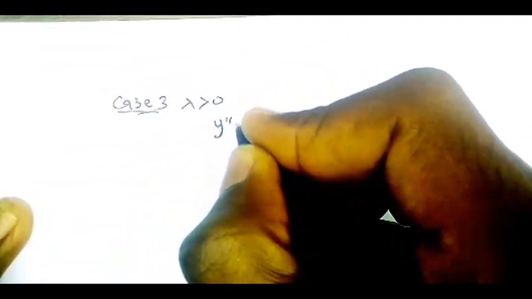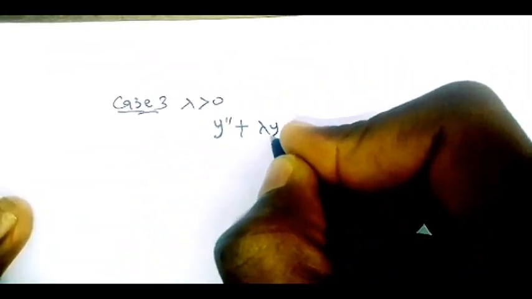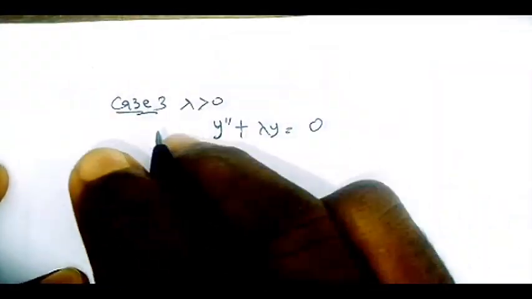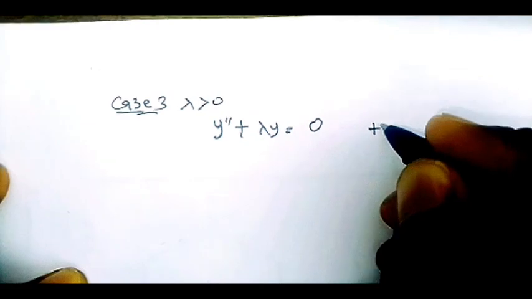Now let's go to our third case, which is when lambda is greater than 0, right? So remember, we can apply our Sturm-Liouville equation, given this is y double prime plus lambda y equals 0, right? So when lambda is greater than 0, we'll be having this plus lambda.